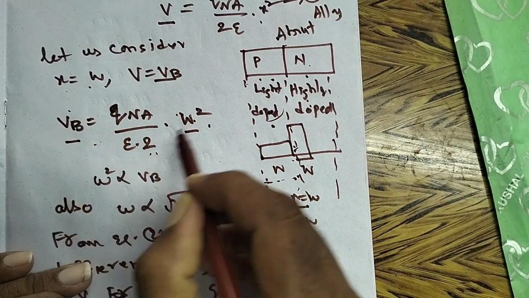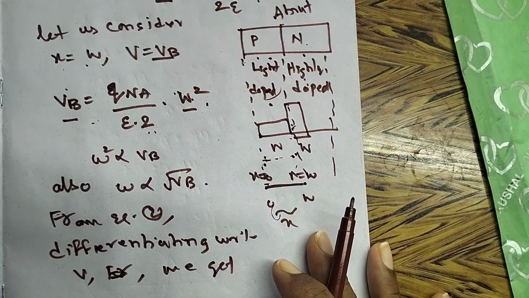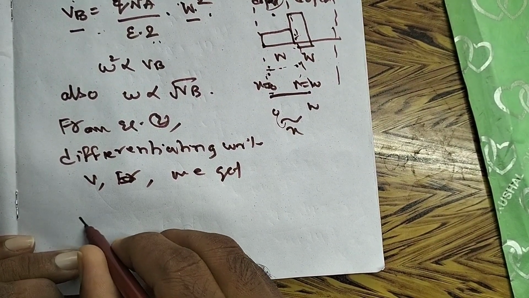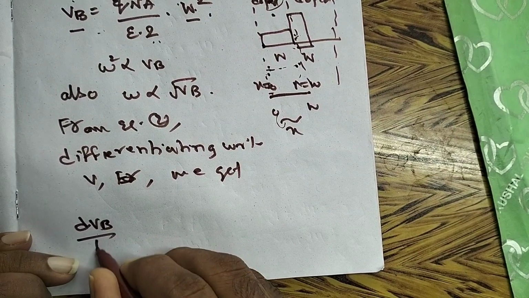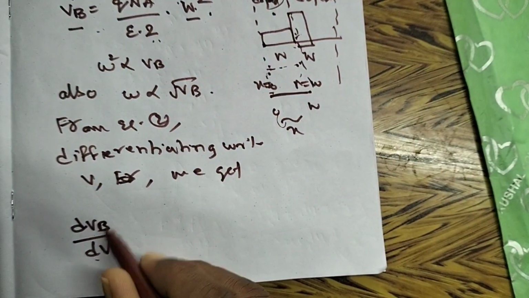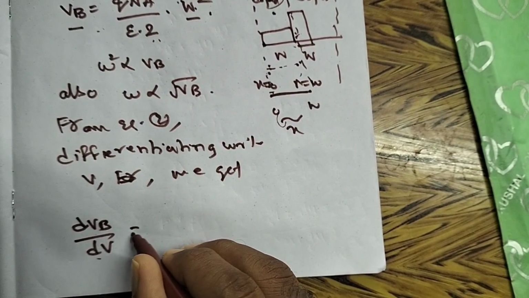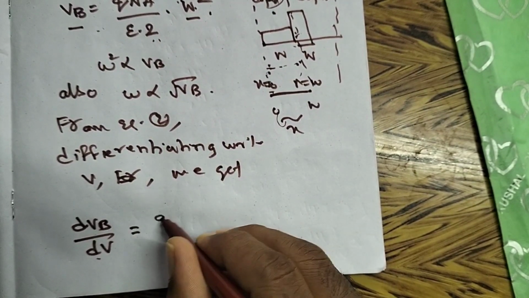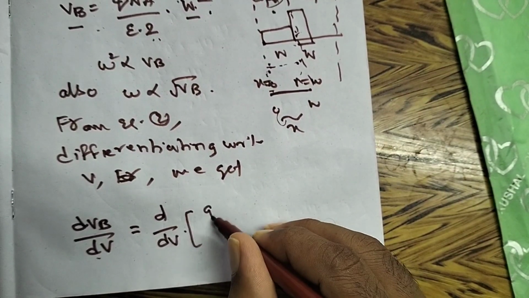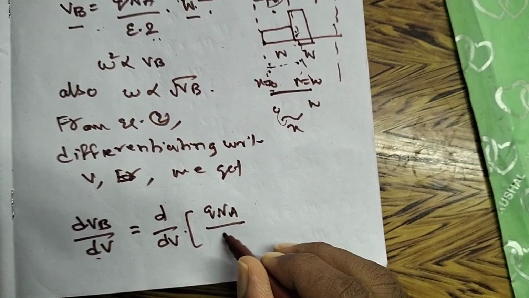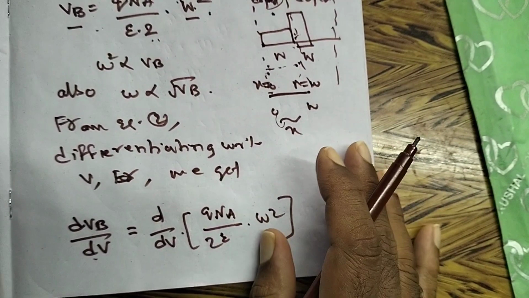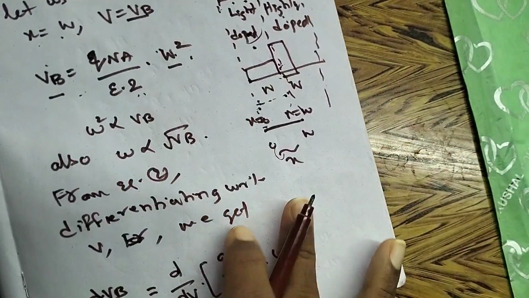Now I am going to differentiate with respect to vb, that is voltage. What does the expression become? dvb by dv, where v means vb now, equal to d by dv of q Na by 2 epsilon into w square. So this is the differentiation with respect to v.